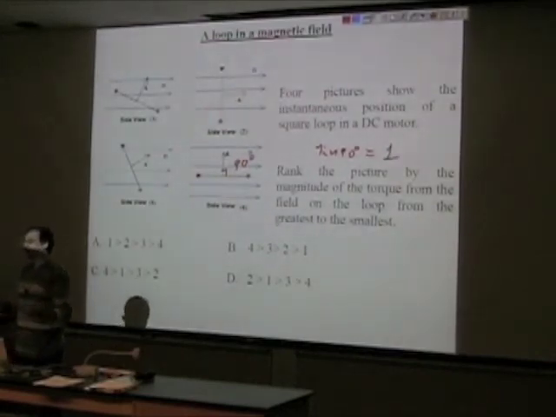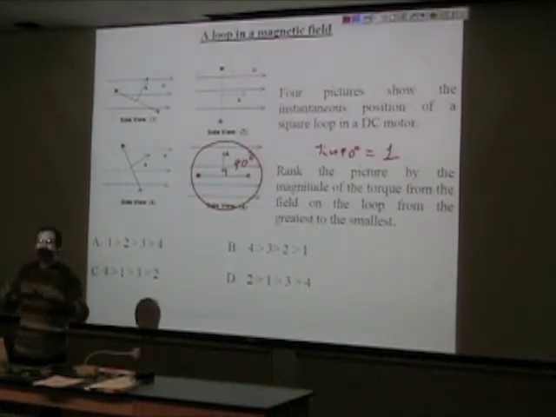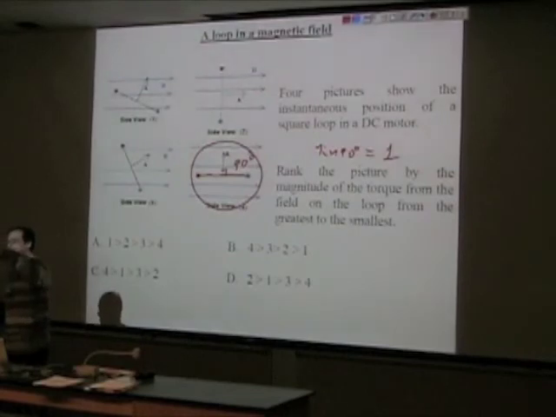So, can a value of sine be greater than 1? No. That's the maximum value of the sine. That means for this orientation, torque has the maximum possible value. When the loop itself is parallel to the magnetic field, the torque reaches its maximum. That's it. And now, for any other orientation, torque decreases.